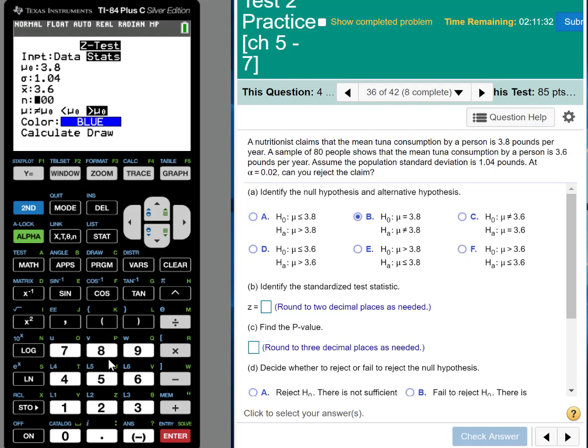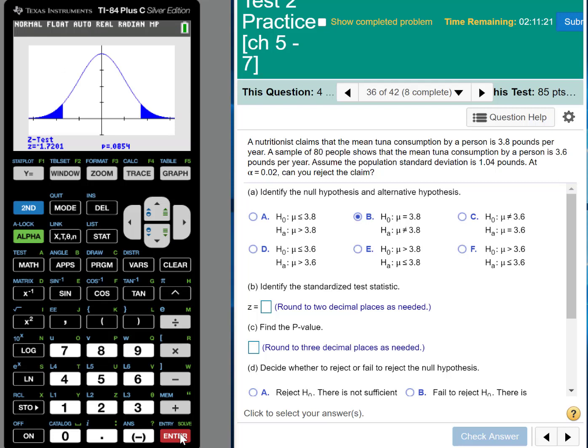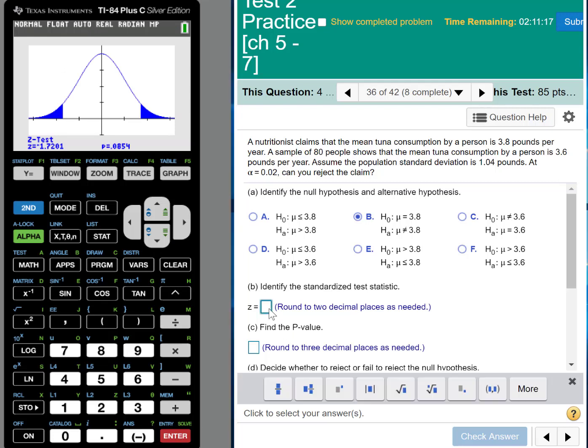N is how many? 80 people. And we have to choose not equal to here because that's the alternative. And let me do a draw here. Okay, so the test statistic is negative 1.72. The p-value is 0.0854.